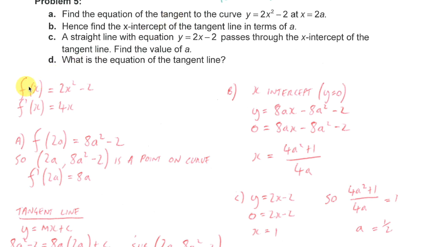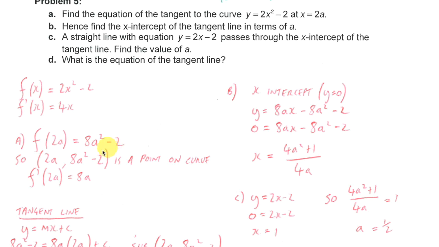So we begin. Here's f of x. I take its derivative. Now, what I'm going to do is substitute 2a into f of x, and I get 8a squared minus 2.